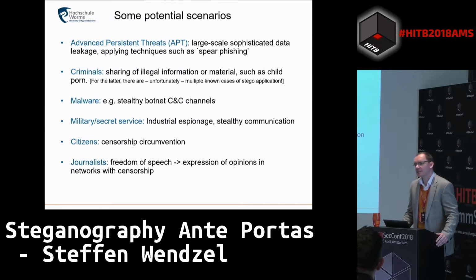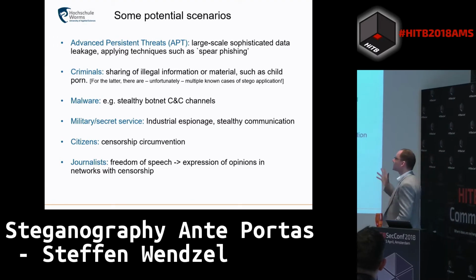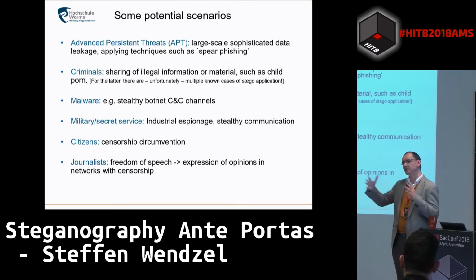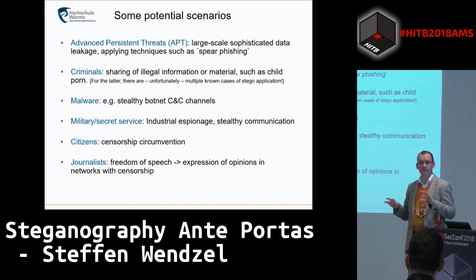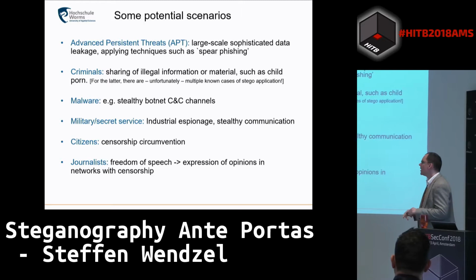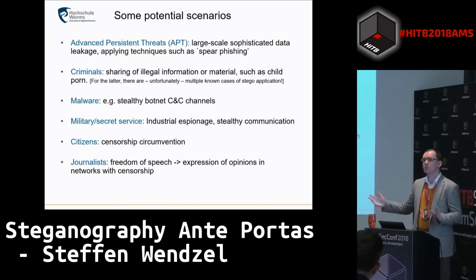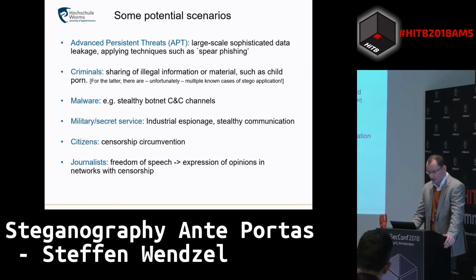However, besides that malware scenario, there are also other application domains. For instance, in APT, you can use steganographic communication for stealthy data exfiltration. I think today there is also one talk on the agenda that focuses on data exfiltration. Then we have criminals who share secret information, like child pornography, which happened in several cases in the past.